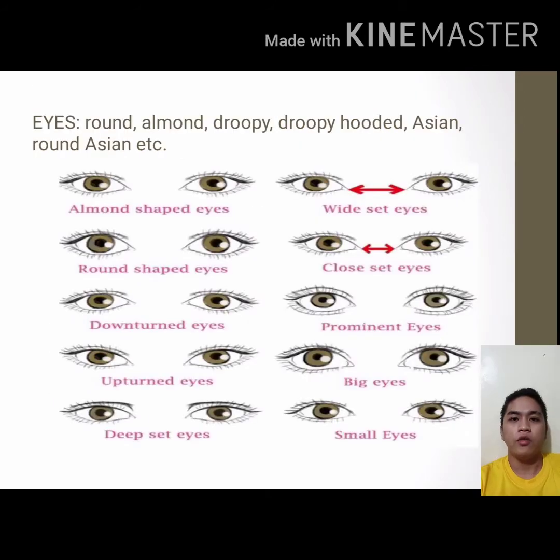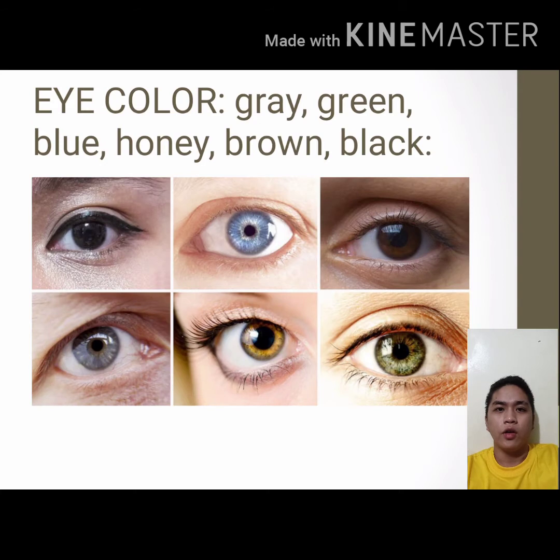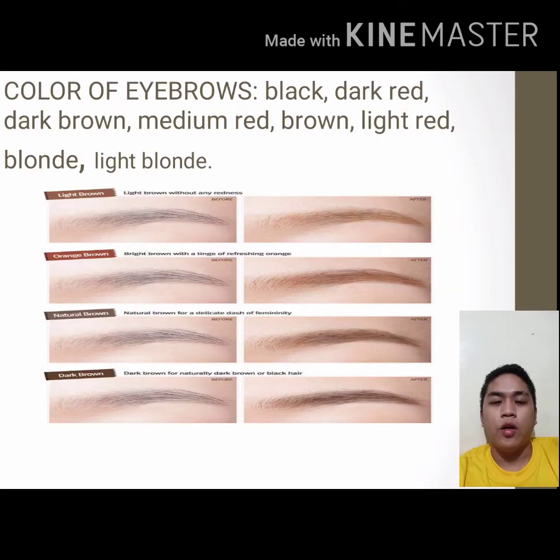Eyes: round, almond, droopy, droopy hooded, Asian, and so on. Eye color: gray, green, blue, honey brown, black. The color of eyebrow: black, dark red, dark brown, medium red, brown, light red, blond, light blond.